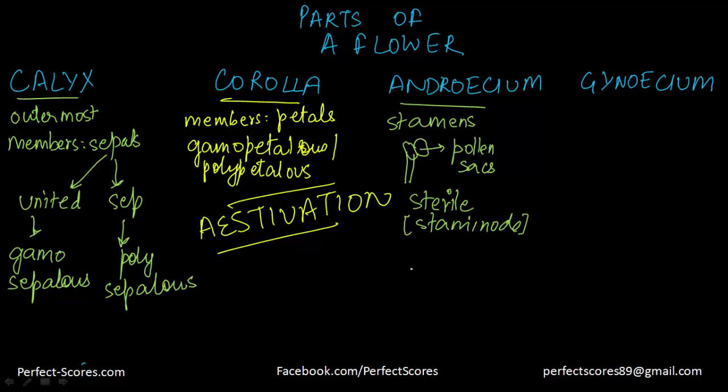The stamens can be united with other parts of the flower, for example petals, or they can be united among themselves. When they are attached to petals, they are known as epipetalous. When they are free, they are called polyandrous.